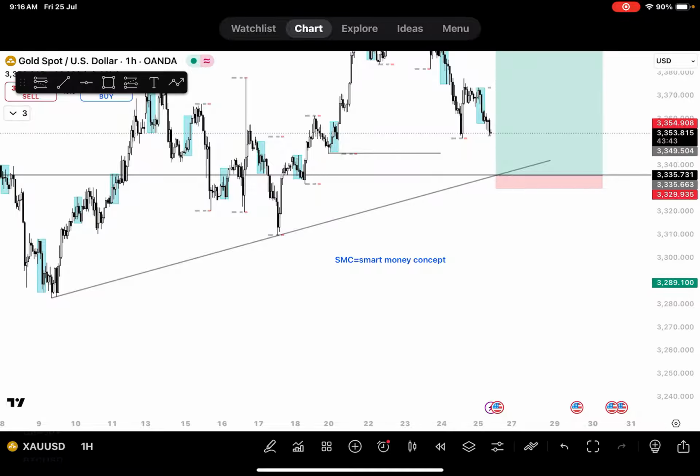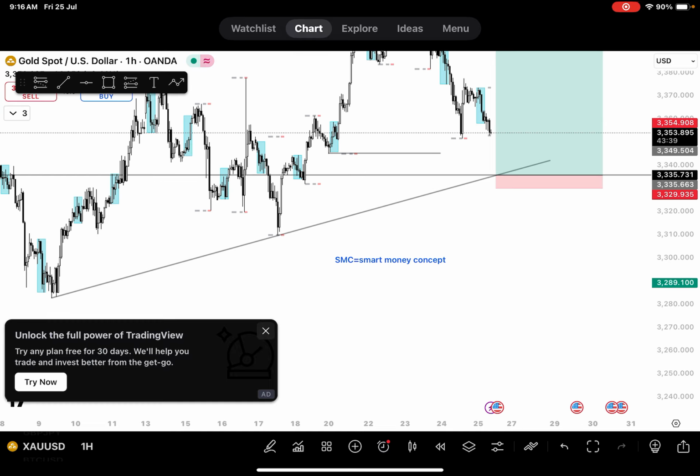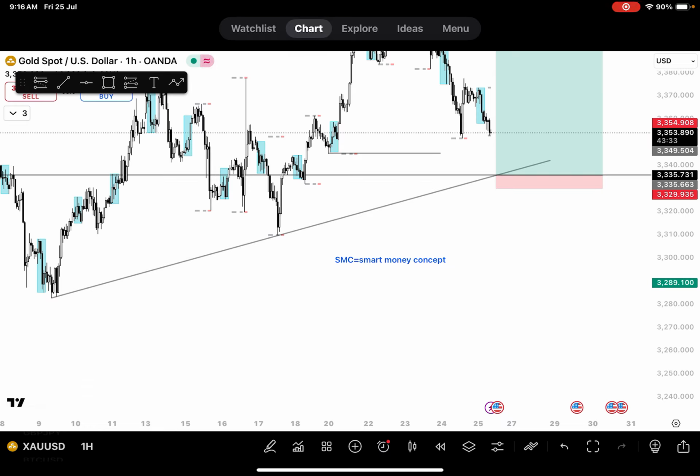But one thing most people don't understand is all these are the same thing. What makes up SMC is the structure, liquidity, and POI. That's what built the strategy called SMC.